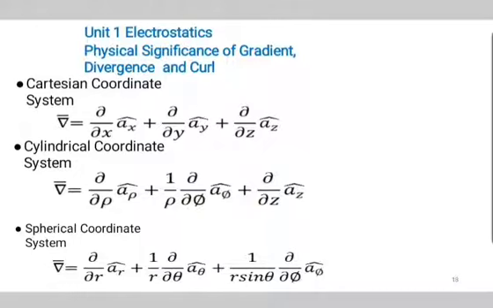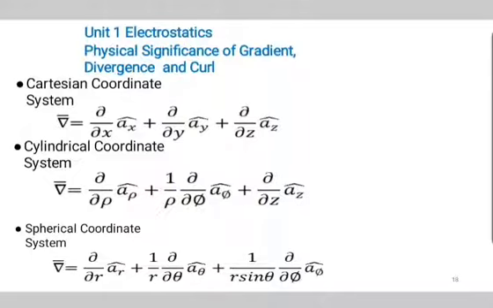Consider a scalar function phi which represents the temperature. According to the definition of gradient, delta phi represents the temperature gradient, and it is the rate of change of temperature with distance. Temperature is a scalar quantity, so it has only magnitude and not direction. But the gradient delta phi is a vector quantity which has a magnitude as well as direction. In this case, the direction is the direction of maximum rate of change of temperature.